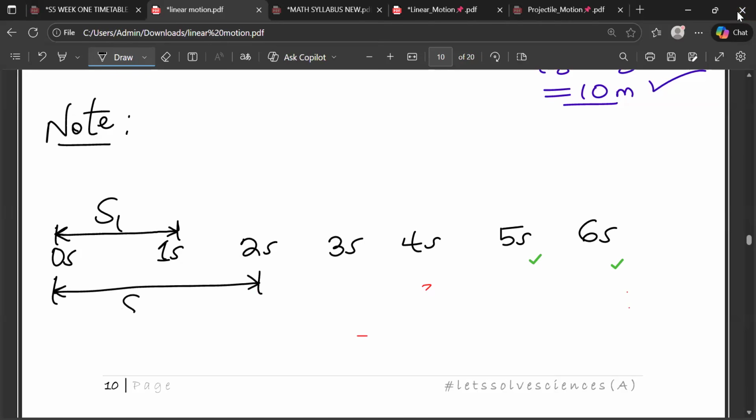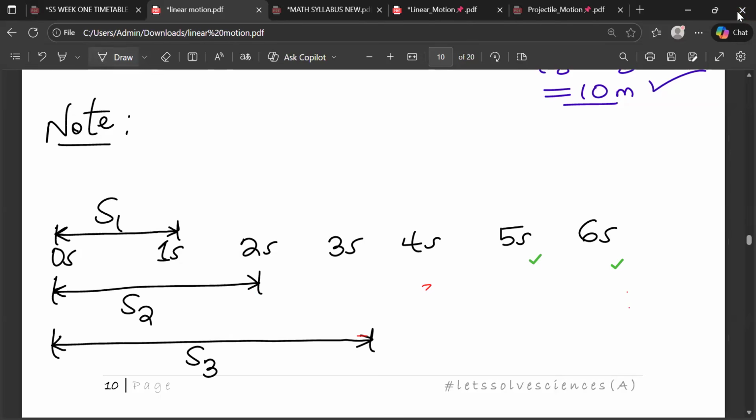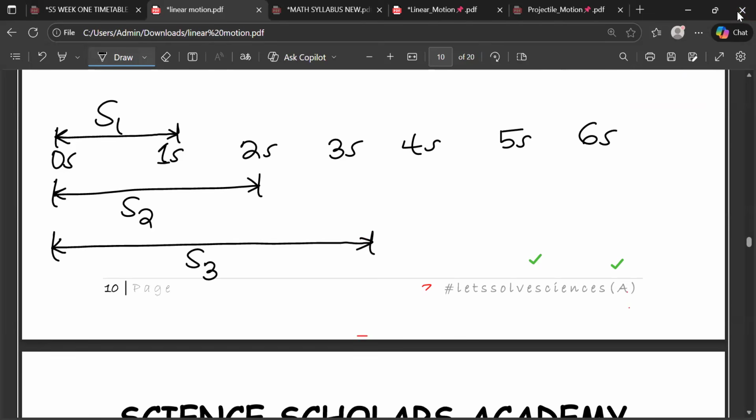You denote it with S2. The distance you cover in 3 seconds is S3, like that. The distance you cover in 4 seconds is S4, like that.